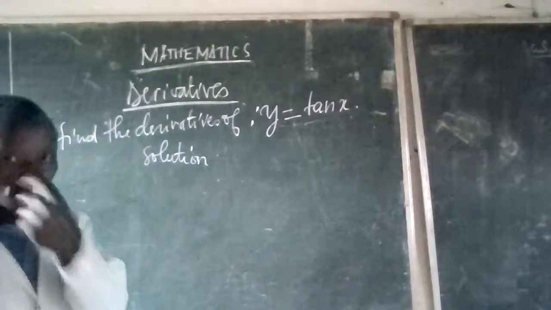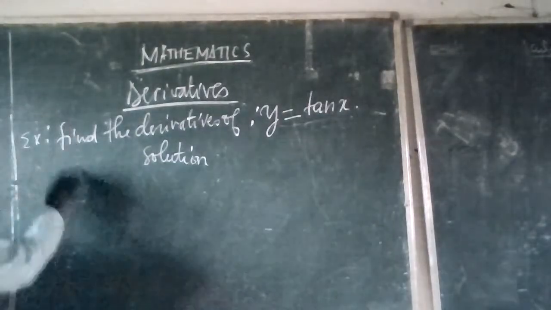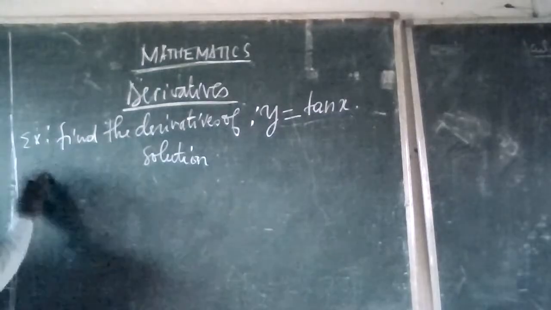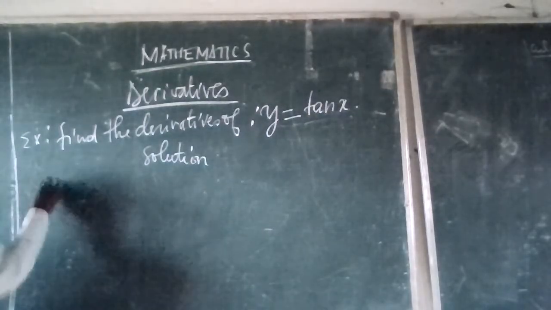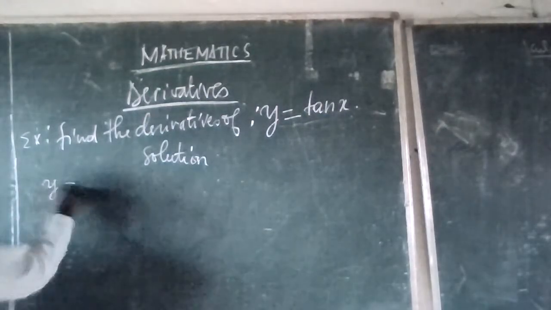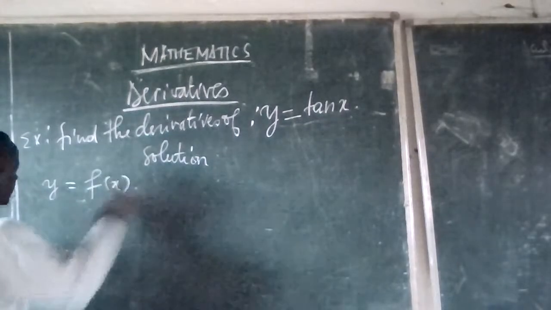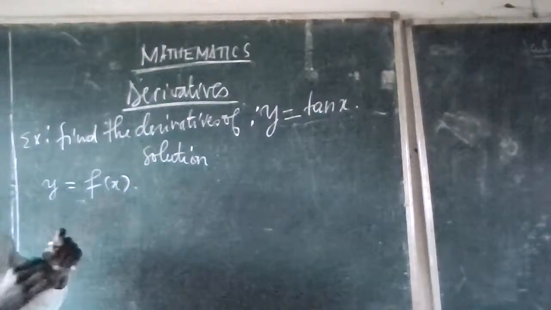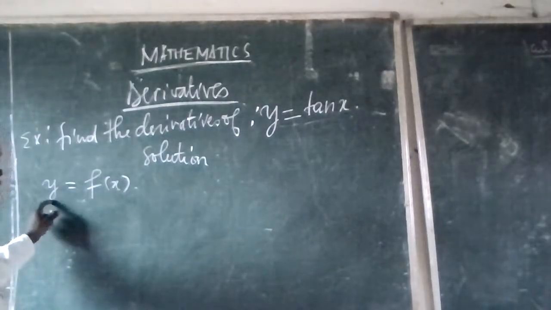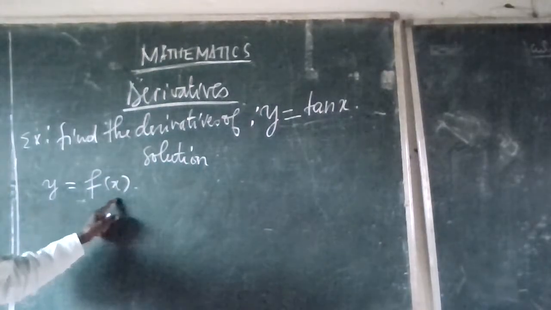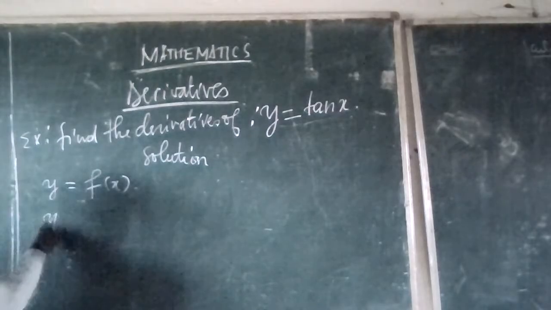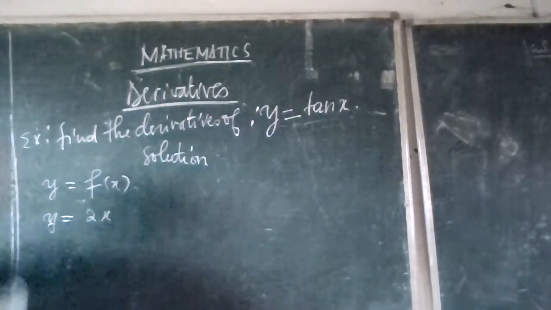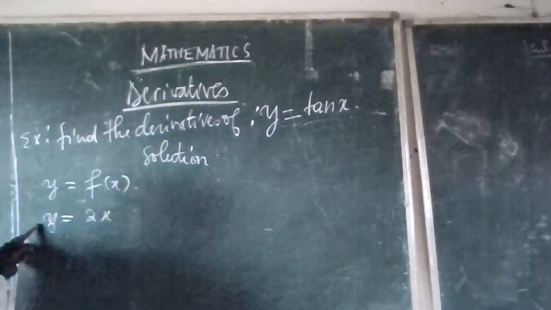Last time, I told you that if you have a function, y is equal to f of x, it means that this is a function. Now, for example, we have y equal to 2x. How should we find the derivative of this given function?